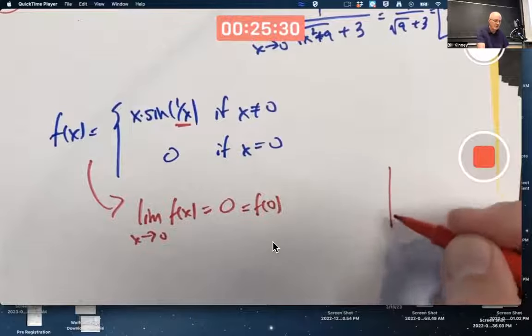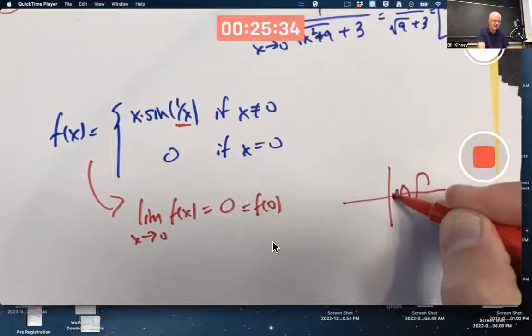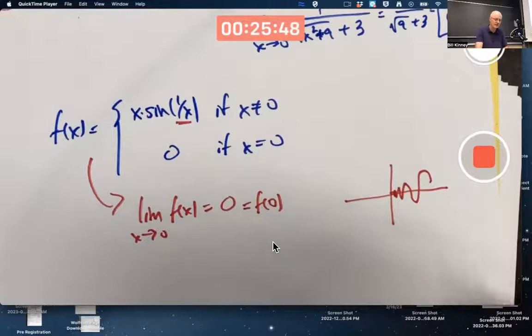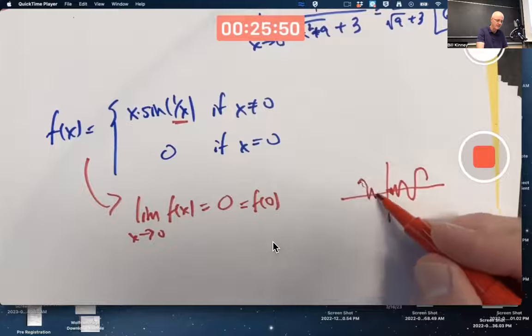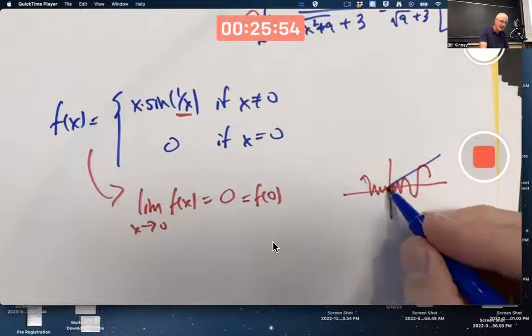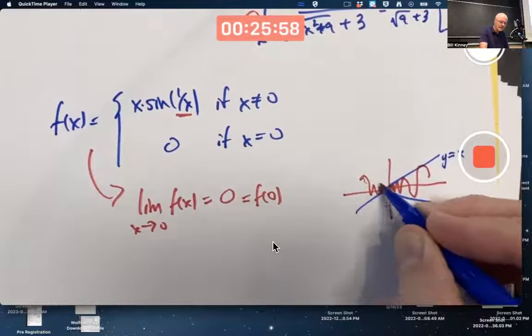Technically speaking, to prove that this limit is 0 involves another version of the squeeze theorem. We looked at the version of the squeeze theorem for sine of x all over x that crossed its horizontal asymptote infinitely often as x goes to infinity. There's a similar idea for a squeeze theorem here. This graph is stuck between the lines y equals x and y equals negative x.